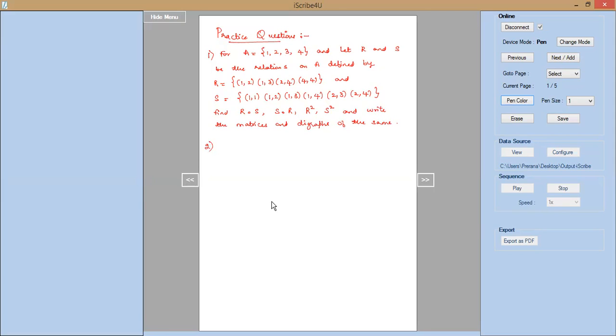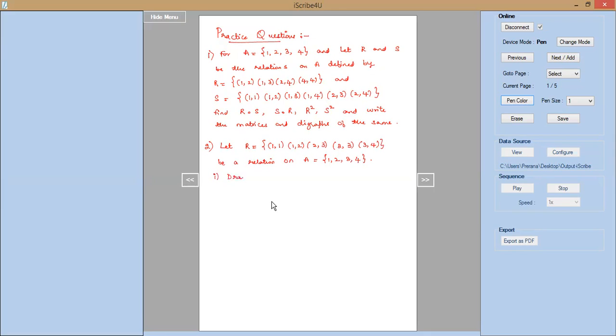Another question, let R be equal to (1,1), (1,2), (2,3), (3,3), (3,4) be a relation on A, which is given by 1, 2, 3, 4.